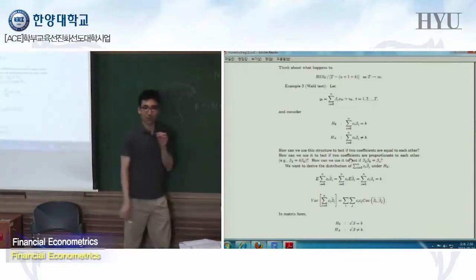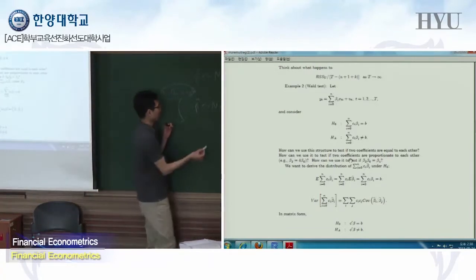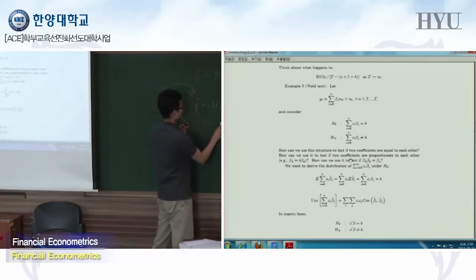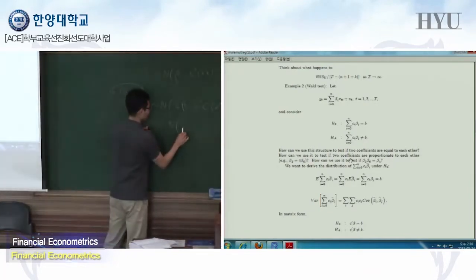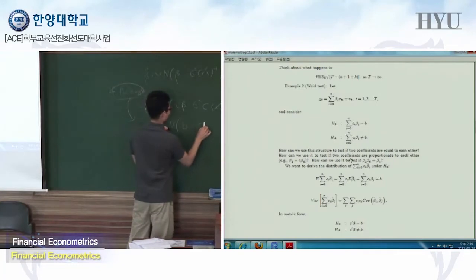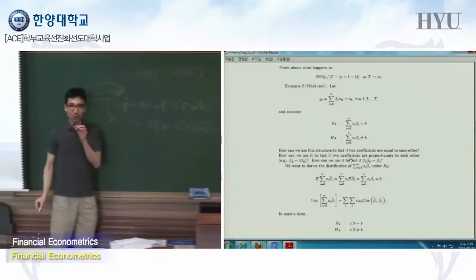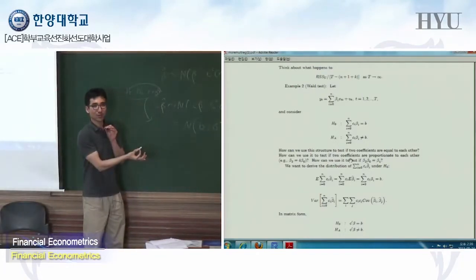It should be like this, right? And if the null hypothesis is right, then C prime beta is b. Do you follow up to this part?